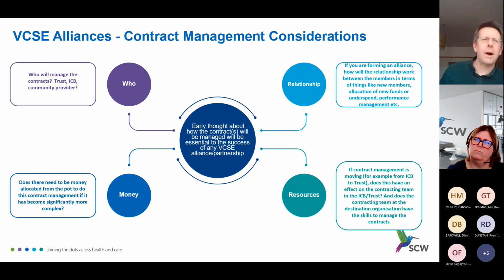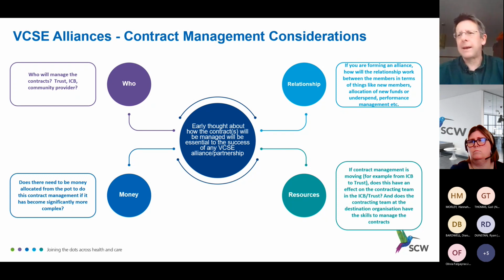All of our agreements are bilateral, and so if you want to work with multiple organisations under one structure, you need to have additional contractual responsibilities built in around how you will work as an alliance, and how the relationship between the members will flow, how people can join the alliance, how they can leave the alliance, and what obligations and commitments they're giving to working within that. And we'll talk a bit about that in a second.